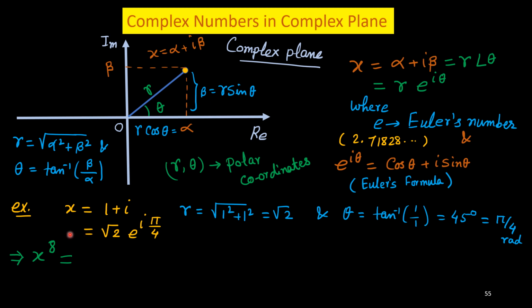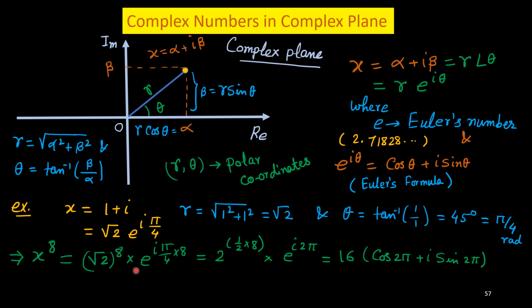You see, if I consider this power of 8, then we can take the power of 8 of this right hand side, and we'll get this magnitude to the power of 8 as well as this to the power of 8. So here square root 2 to the power of 8, and it is e to the power I pi by 4 times 8, because a to the power m whole to the power n equals a to the power m into n.